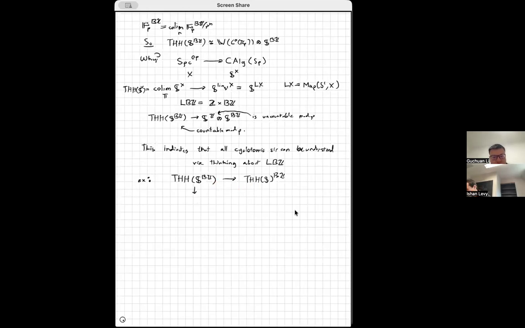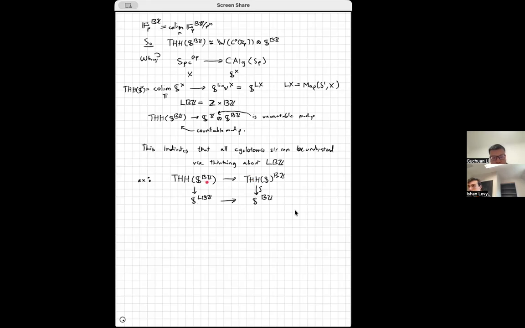Namely, we have this comparison map to S to the free loop space of BZ. And similarly, this also compares to just S to the BZ. And this map is an equivalence because THH of the sphere is the sphere.